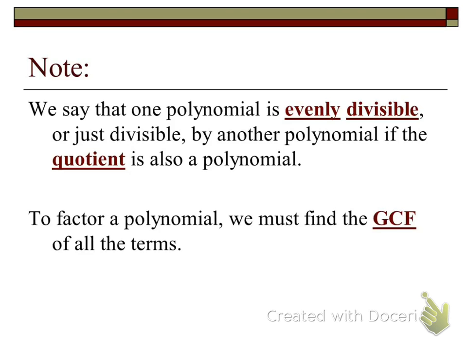All right, we say that one polynomial is evenly divisible, or just divisible, by another polynomial if the quotient is also a polynomial. To factor a polynomial, we must find the GCF of all the terms. Another important thing is that if we're saying it's evenly divisible, we're saying that it's got no fractions in the answer.